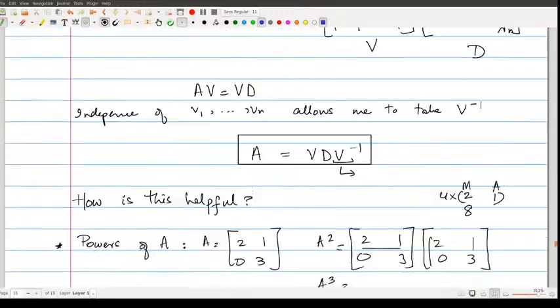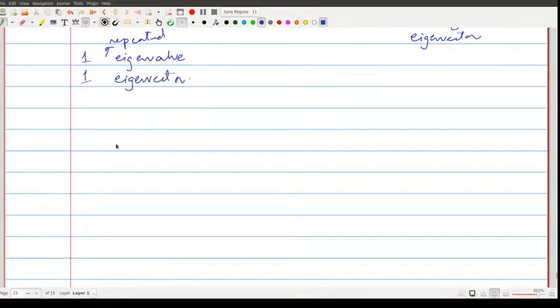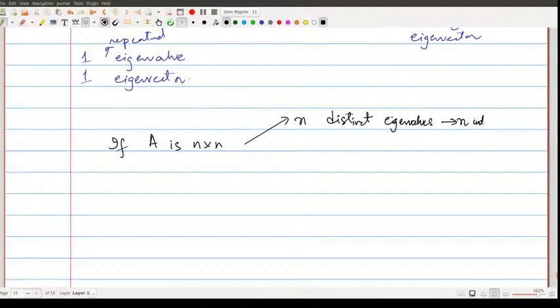So the idea is as follows. If A is n by n, and it has n distinct eigenvalues, then it will have n independent eigenvectors.